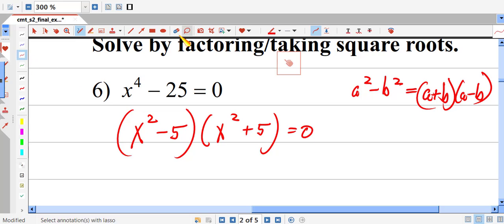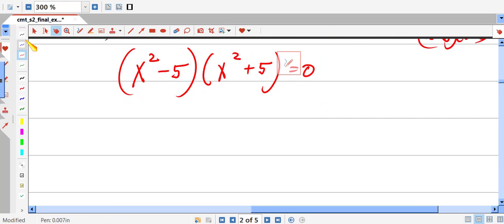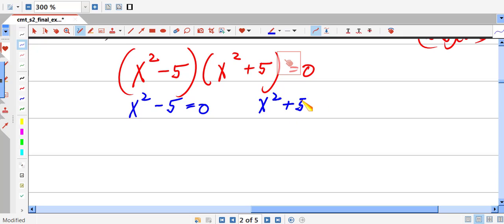Okay, so now I'm going to set each factor equal to 0 and then solve by taking square roots. So that means x squared minus 5 equals 0 and x squared plus 5 equals 0. So I'm going to solve those equations by taking square roots. I can use that technique when I have no x linear term, meaning no term that has the variable to the first power.